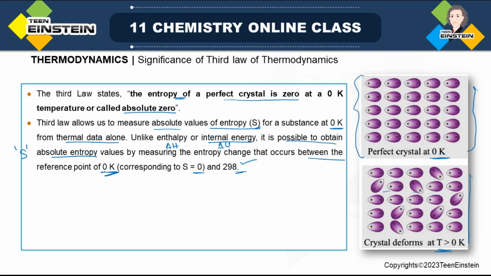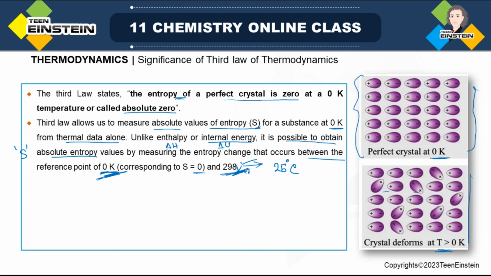So as this is always 0, the difference in entropy, that is the del S, will directly give you the value at 25 degrees centigrade. Here we have taken 298 Kelvin or 25 degrees centigrade, but it may be any other temperature, 30 degree, 100 degree, 50 degree. So we are just taking the thermal data. You are measuring entropy at 0 Kelvin and at suppose 25 degree, and this is always 0.